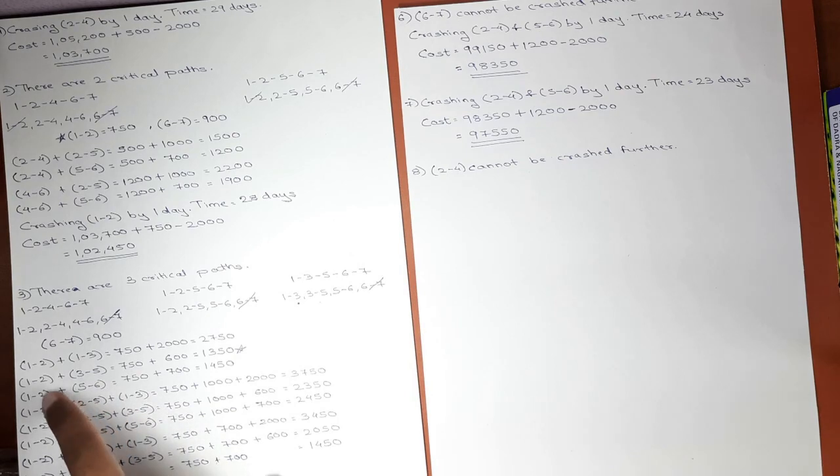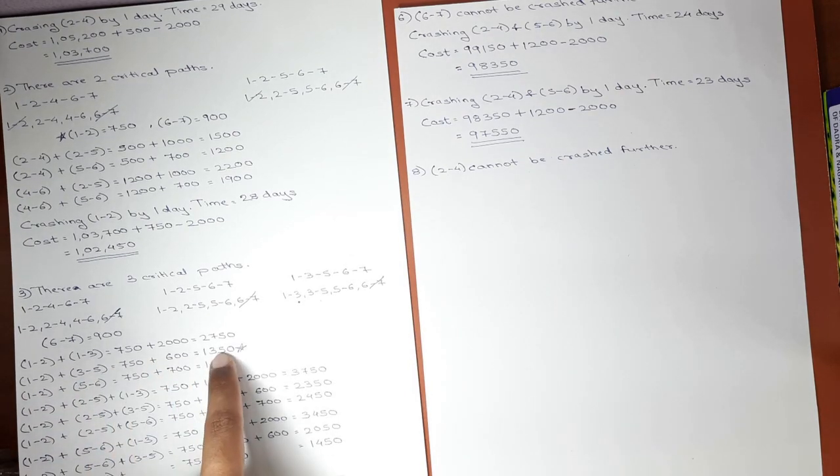Okay, activity 1 2 and 3 5 is having the least cost slope of 1350.